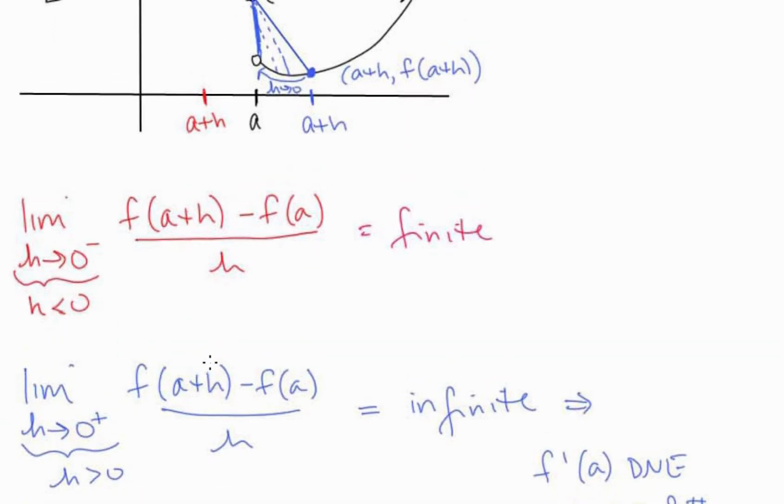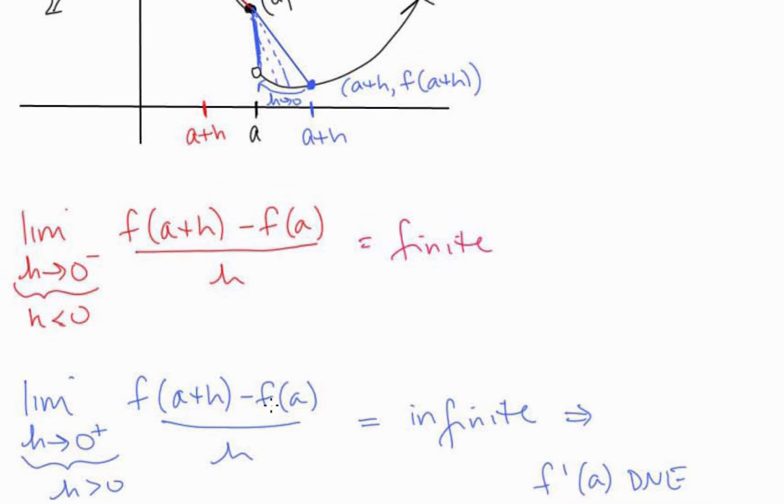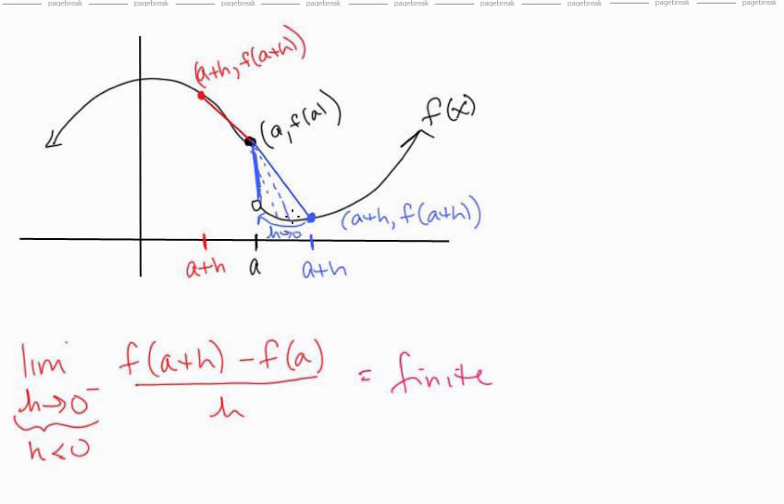However, for the right-sided limit, we still have to use f of a. And so we're not taking secant slopes through this open circle. We are taking secant slopes through the function evaluation. And so as h goes to 0 from the right, we're approaching an infinite slope here from the right. Again, that's because we need to use f of a in this limit computation. And so we're not taking a secant slope with the open circle, we have to use this one.